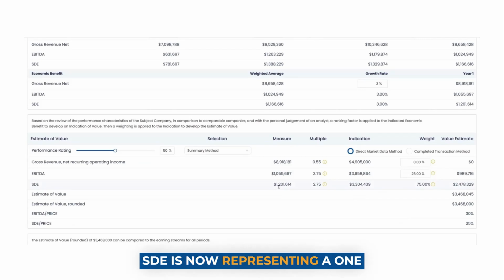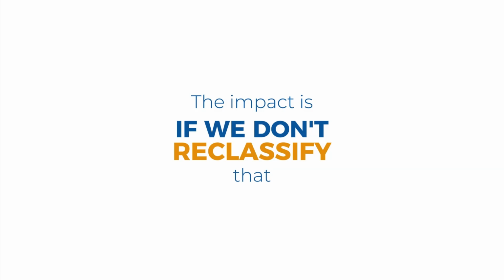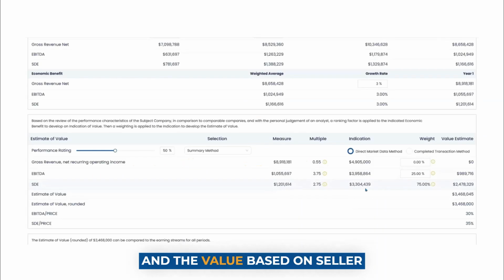SDE is now representing a one owner for a 100% controlling basis, so that this value is now correct. Previously, SDE was overstated, and the value based on SDE was overstated.